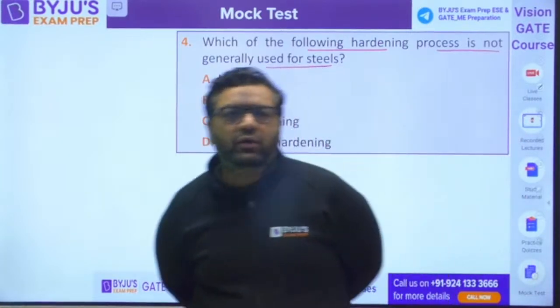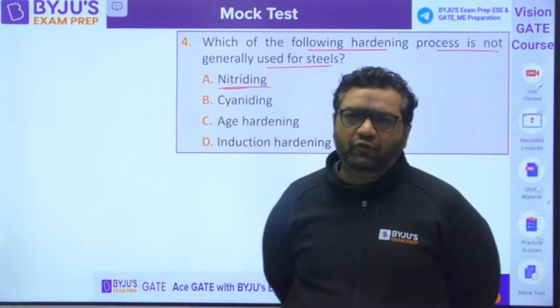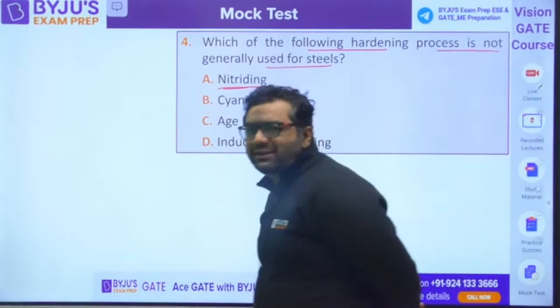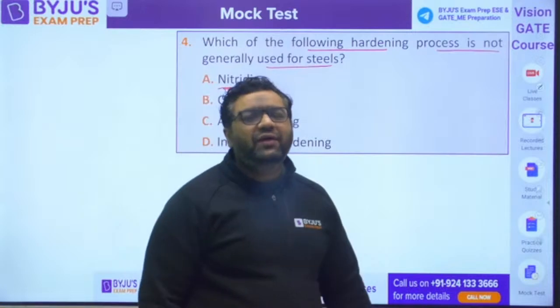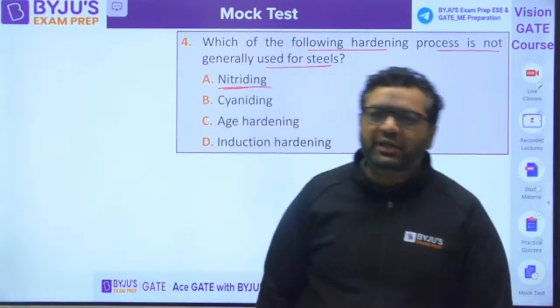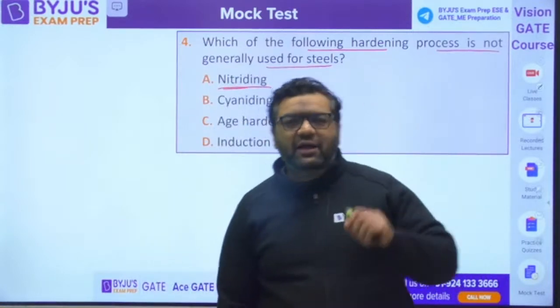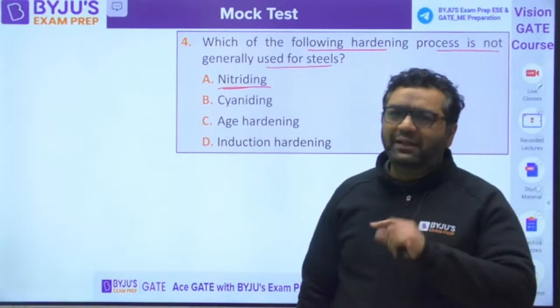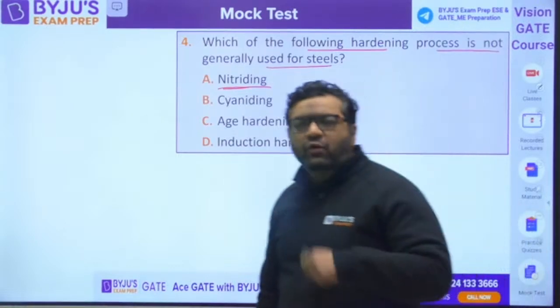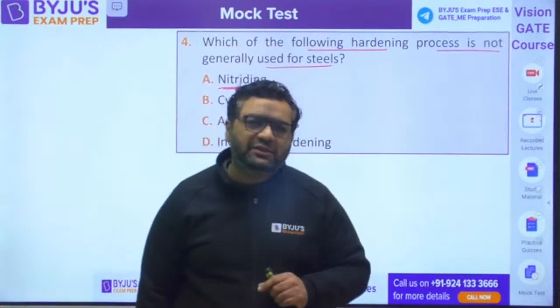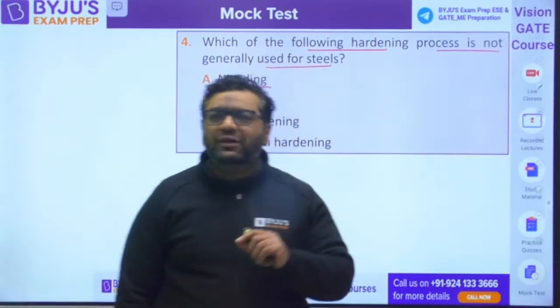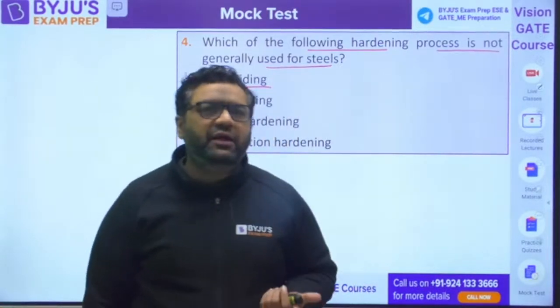Gaurav MP, very good. So I would like to tell you, first of all, when we are talking about steels, why do we do heat treatment for steels? Because alloy steels have better properties than plain carbon steel, but alloy steels are costly. So if we want to use plain carbon steel because it is cheaper, then to improve its properties we go for heat treatment processes.